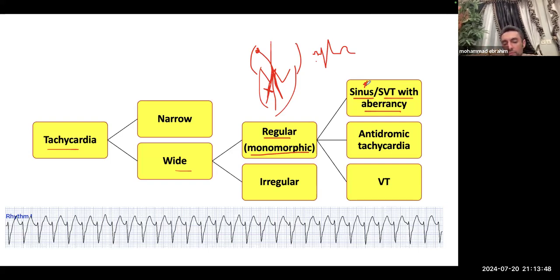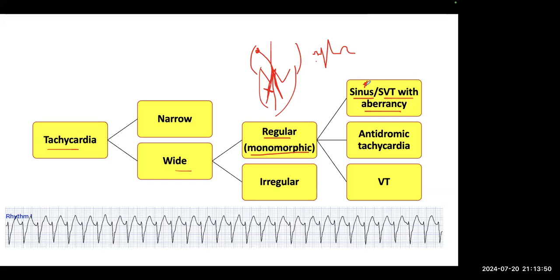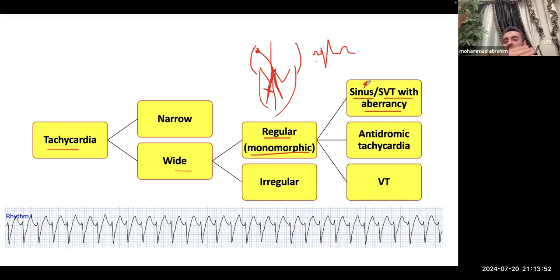When you see a P wave that looks like sinus followed by a QRS that looks like a right or left bundle, then this is sinus tachycardia with bundle branch block. Yes, it's wide, but it's not VT.